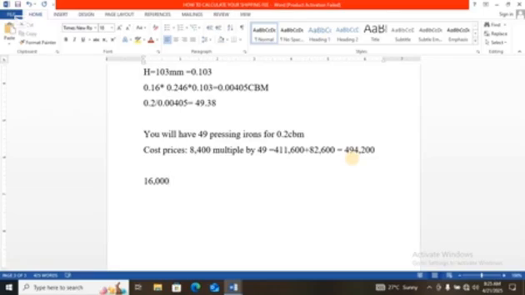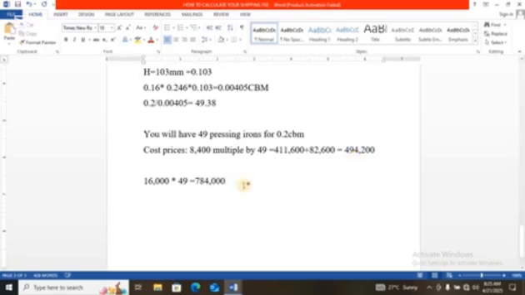So let's say 16,000 multiplied by 49, that's equals to 784,000. So even if you sell this pressing iron 16,000 naira, you are still going to make profit.